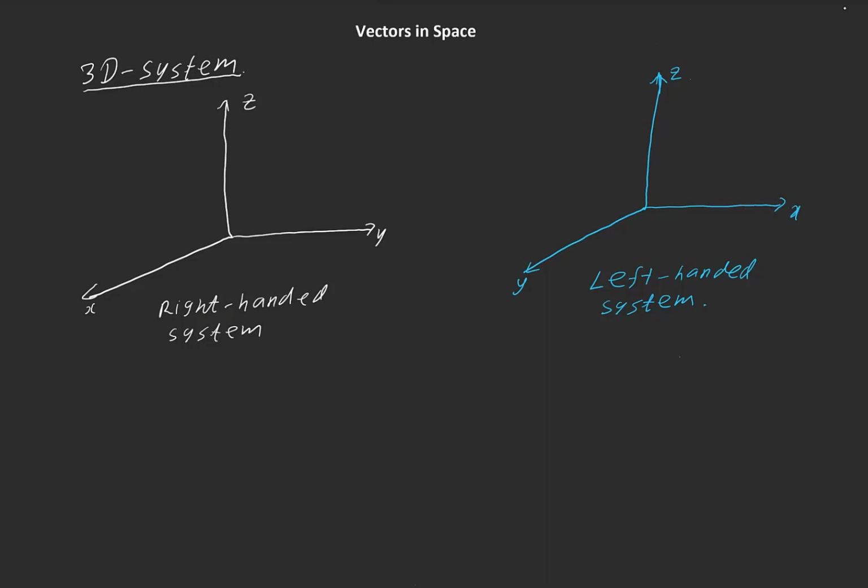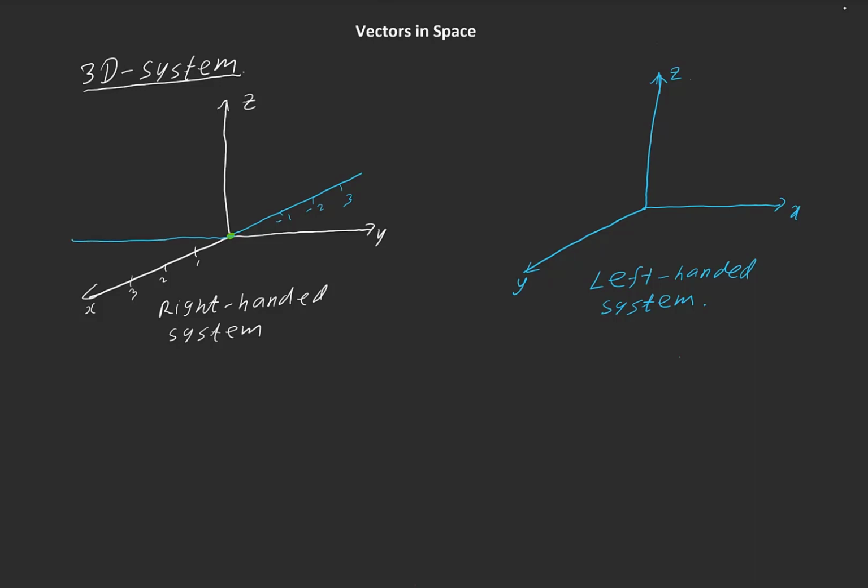In this section we are going to use the right-handed system. Therefore let me discuss the right-handed system. I can extend this one in this direction. 1, 2, 3, those are positive values of x, and here are negative values of x.